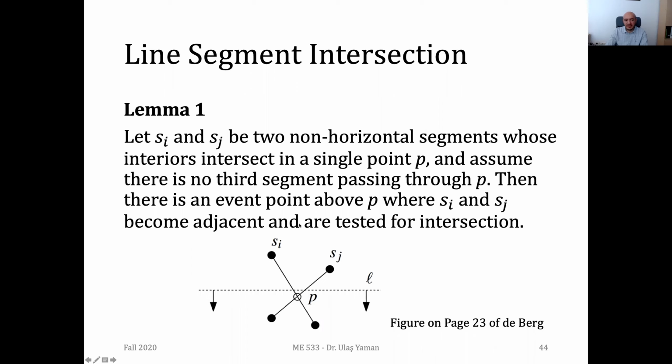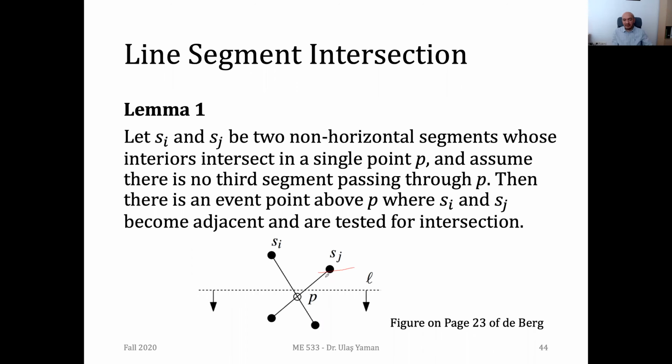And we are assuming that there is no third or fourth line segment passing through this intersection point P. Okay, then we can say that there is an event point above P, where Si and Sj become adjacent and they should be tested for intersection. What is that event point? This is actually the event point.